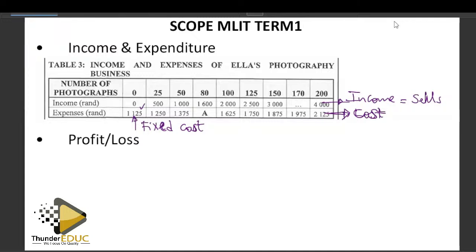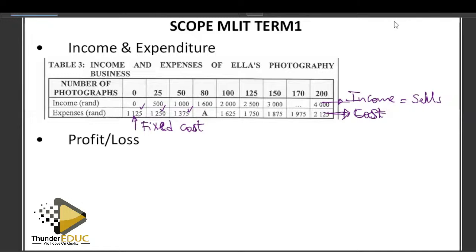Then let me see, because at first the expense will be bigger than income. But as they go on, look at this. Here, expense was above. Let's check when it's 80.